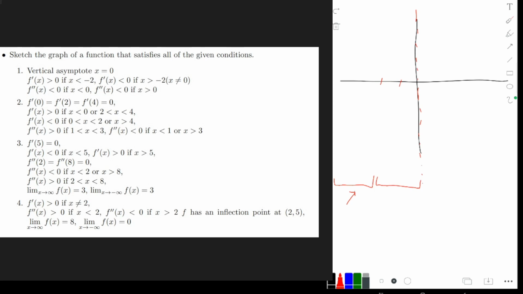All right, and it's in fact decreasing on both sides of 0, but it's not defined at 0, so we have to just distinguish that. All right, so it is concave down if x is less than 0, so it's concave down here and here, and it's concave up if x is greater than 0.